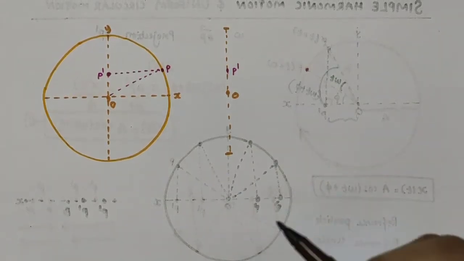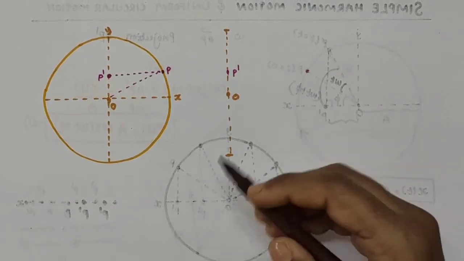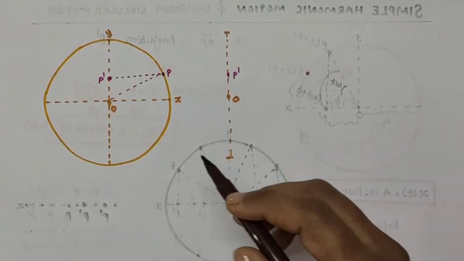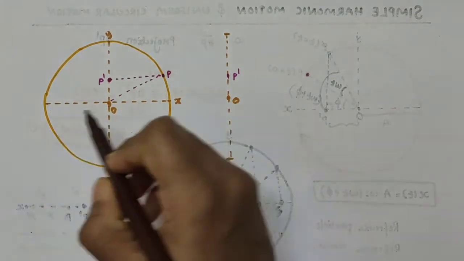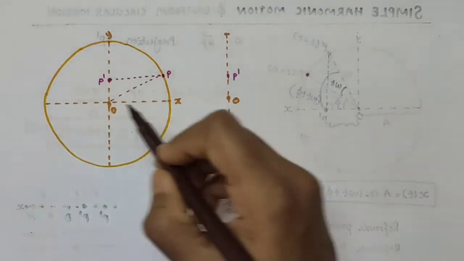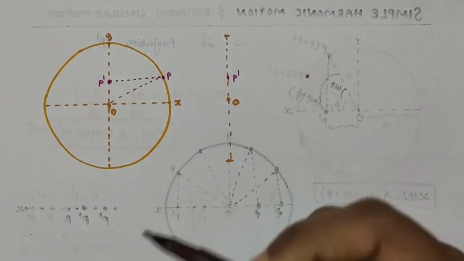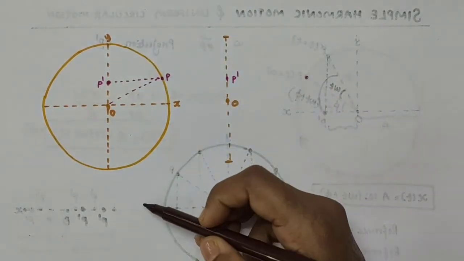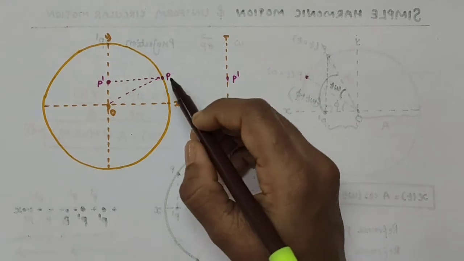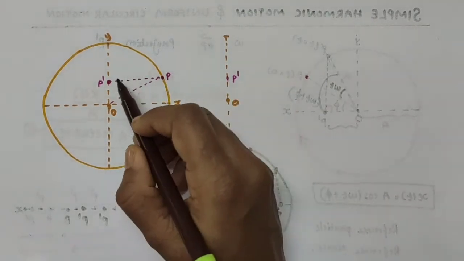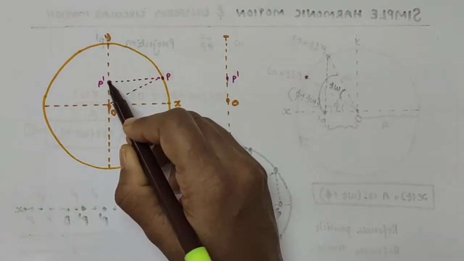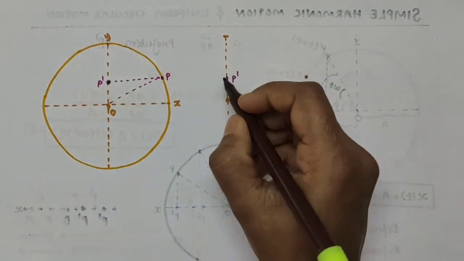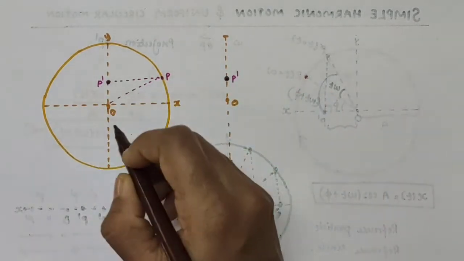See, we can take the projection of motion of P on any diameter. First, we have taken the projection of P on the x-axis, or diameter along the x-axis. Now let us consider another diameter which is along the y-axis. When the particle is here, its projection on the y-axis would be P dash, somewhere here.